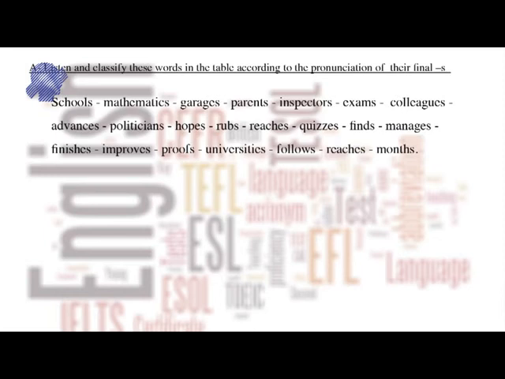Right? I suppose that you've had enough time to put each word in the category that corresponds. Let's correct together. The first column deals with the S heard as S. Which words? Okay, mathematics, parents, hopes, proofs, and maths. Right.